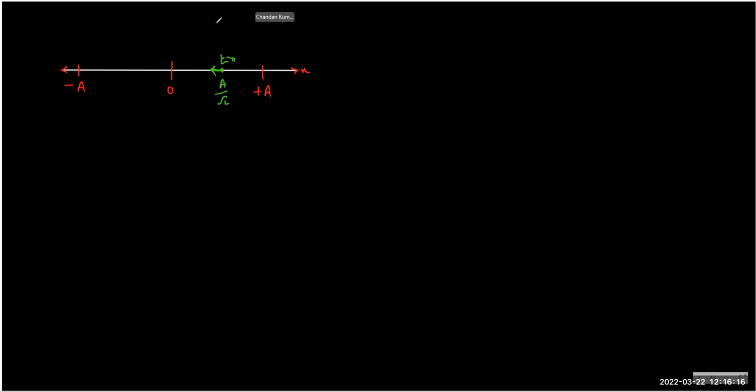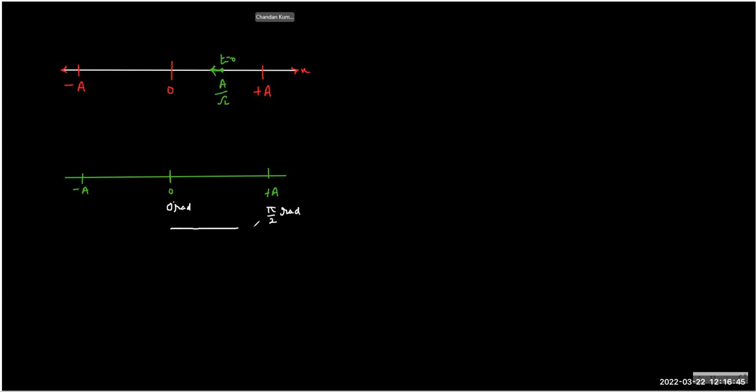But as of now, just remember one thing. If I want to convert this into angle, if we start from here, this is called 0 degree or 0 angle or 0 radian. Extreme position is called pi by 2 radian angle.